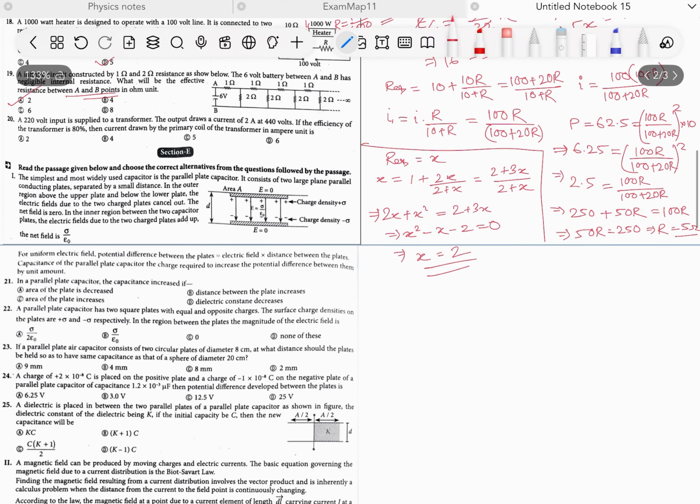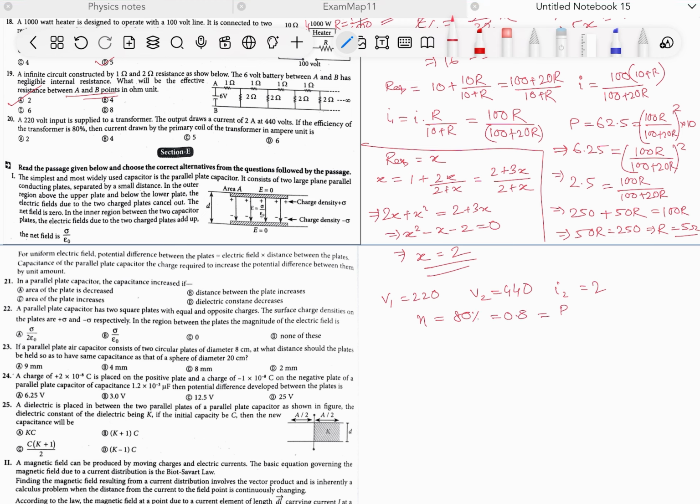Now question number 20. A 220 volt input is supplied to a transformer. V1 is given 220, V2 is given 440, and I2 is given 2. Okay, now find the value of I1, and eta is given 80%. 80% means 0.8.